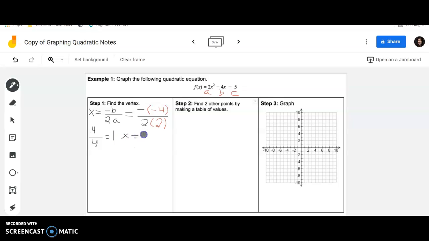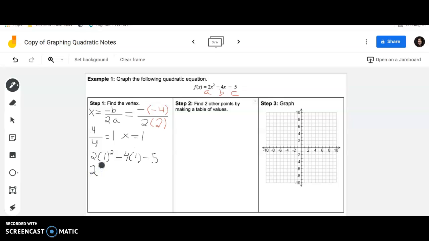And so then what we can do is plug that into our original quadratic. We can have 2, but instead of an x, we're going to put a 1. And then instead of an x after the 4, we're going to put a 1. And so we want to make sure we do the exponent first. You always do exponents first because remember, PEMDAS says exponents before multiplication.